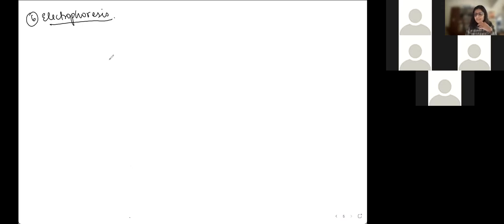Okay. So electrophoresis is, from what Mitali has said, basically DNA is negatively charged and it moves towards the positive end. That movement is called electrophoresis, and this is applicable to all the colloids.